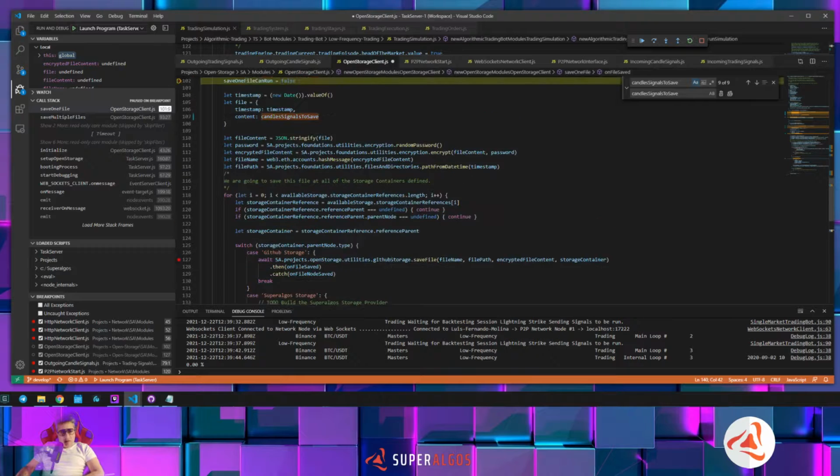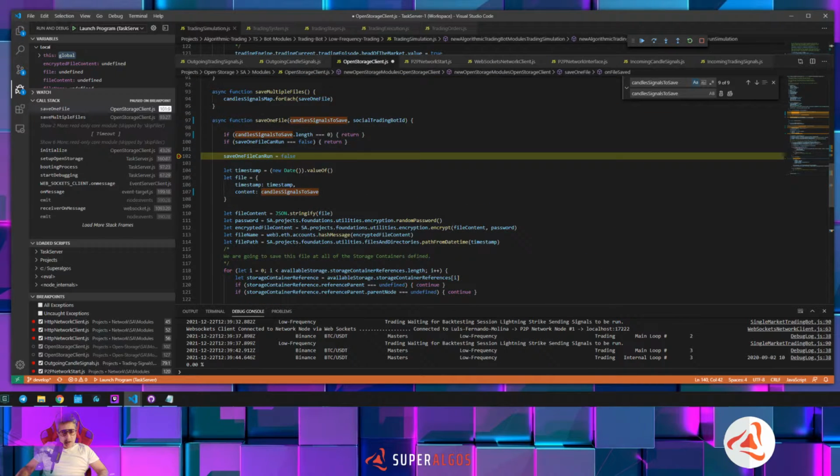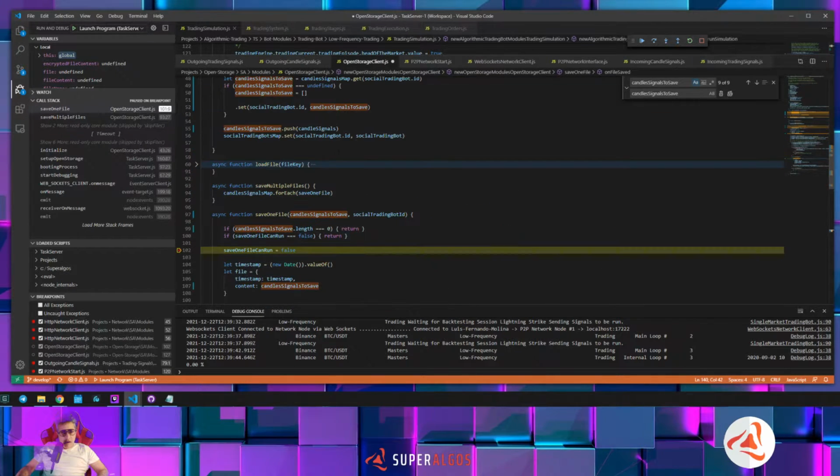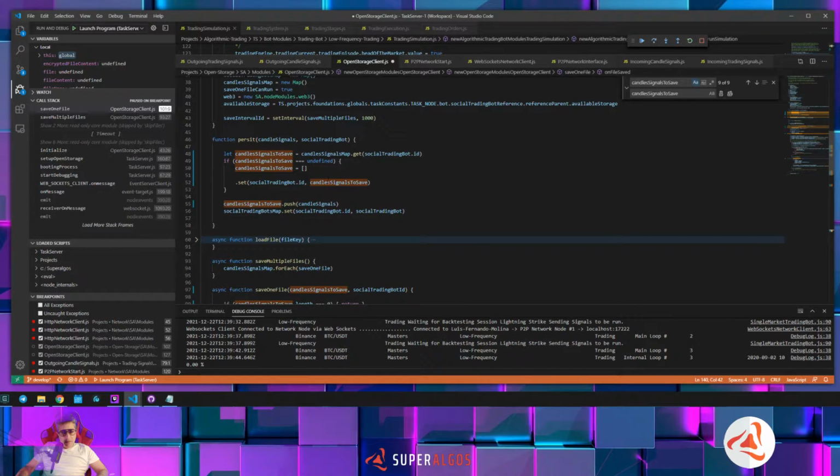So what I need to do is essentially this candle to save map.